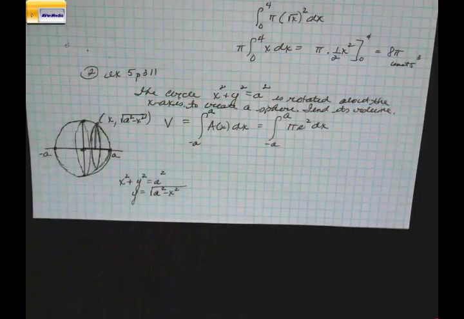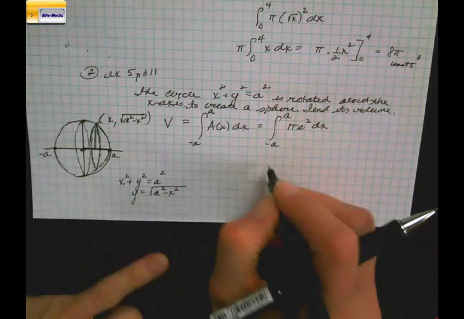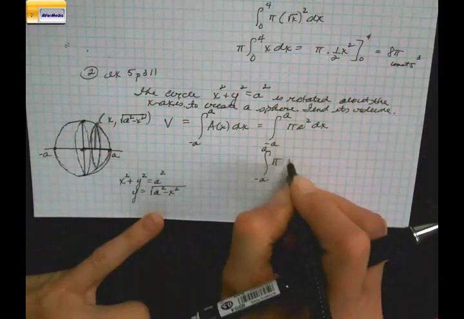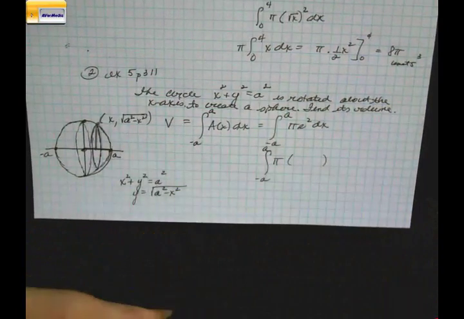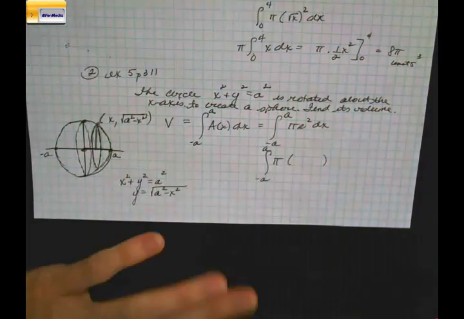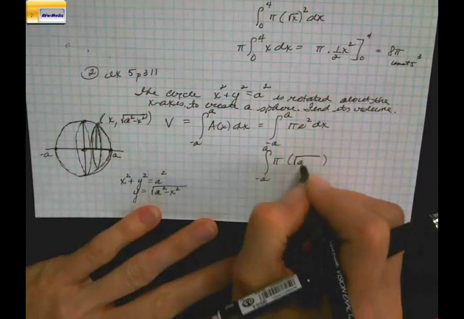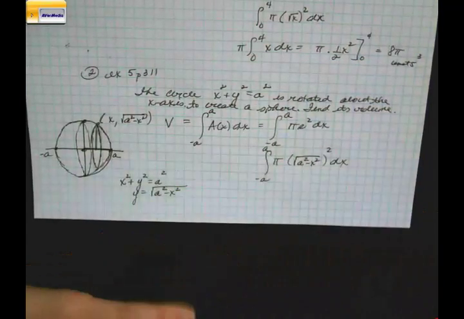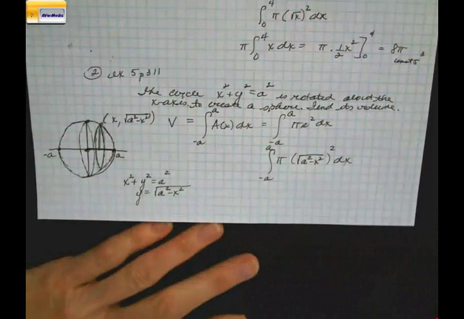So you're going to be looking for these ordered pairs on this curve which you have an equation for. So when you're integrating and you need x values, what is radius in terms of x? There you go. The square root of a squared minus x squared, and that's all going to be squared. Remember, a is a constant. It's a number.